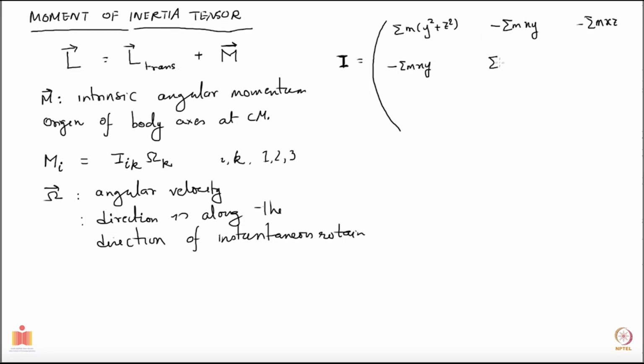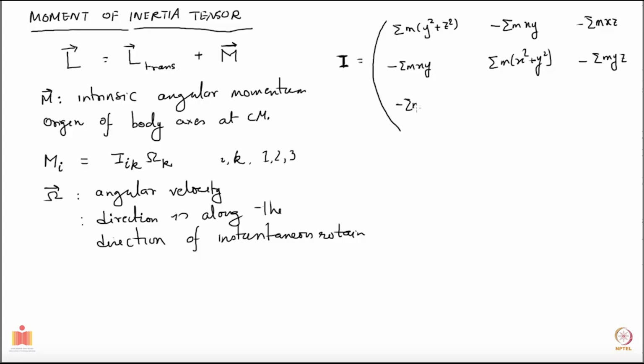Then m (x square plus z square), and so on. Note that the diagonal entries which I'm writing here are always sums of squares. So you have y square plus z square, and this one is x square plus y square, which means that your diagonal entries can only be positive, or maybe 0 depending on how your body is made.